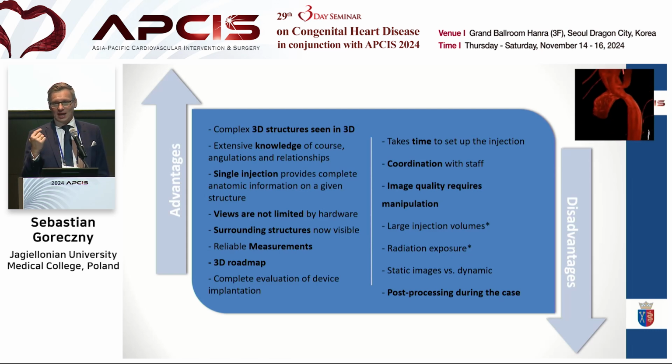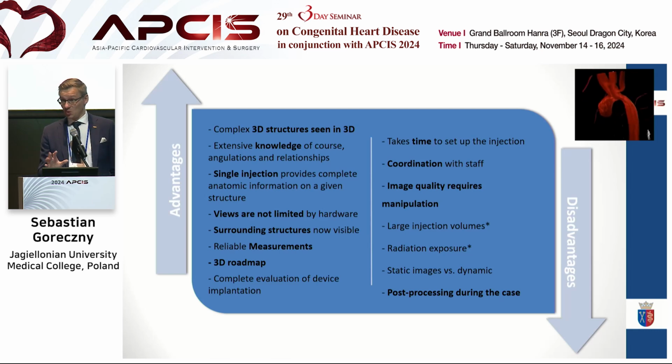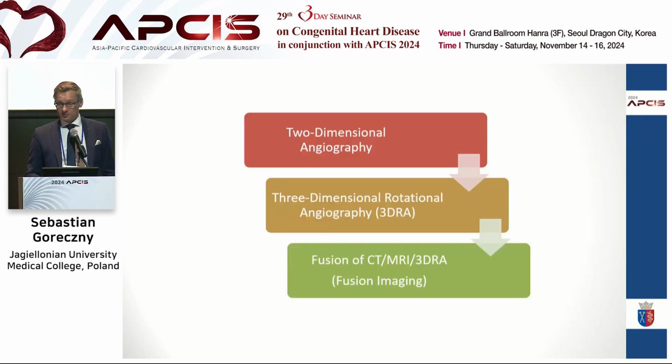But imagine now you have nice rotational angiography, two-dimensional images, three-dimensional images, and then someone, or you, if you're faster, is clicking and building the 3D model. So your nurses are waiting, your fellows are waiting, and you're probably the only one that knows what's going on at the moment. So that might be a limitation.